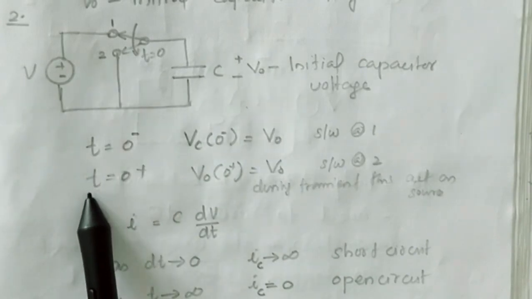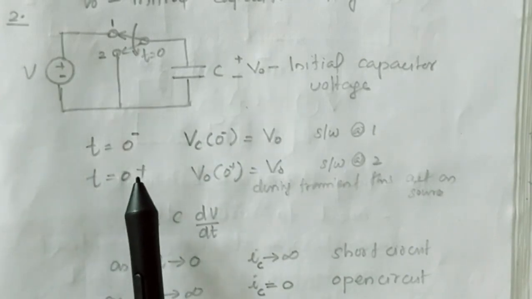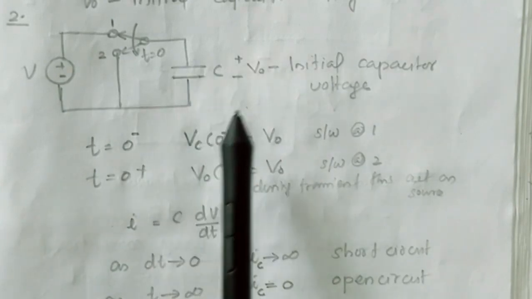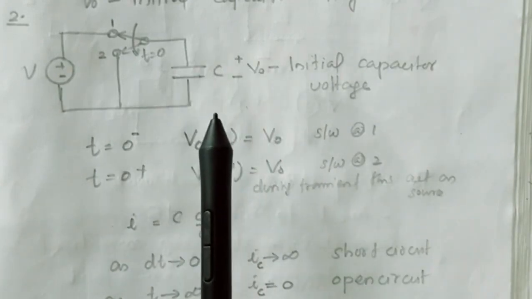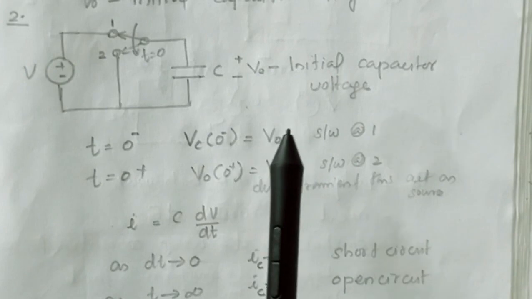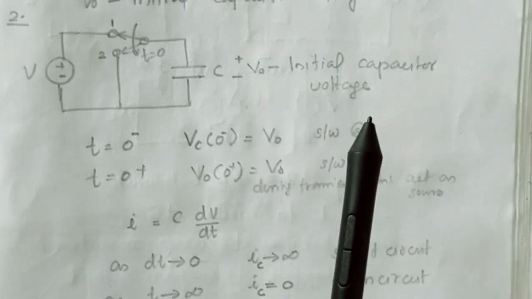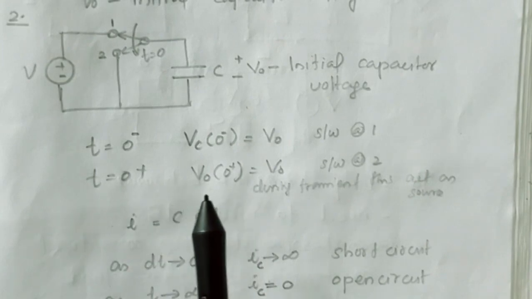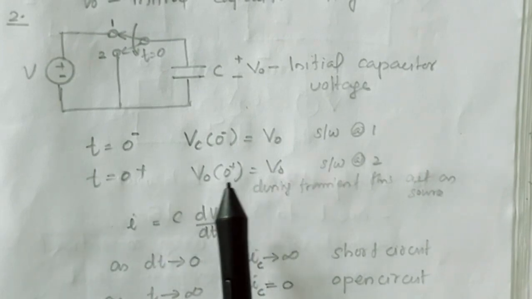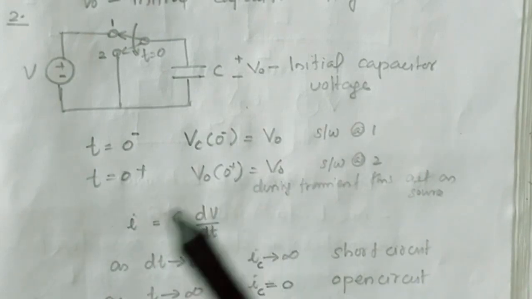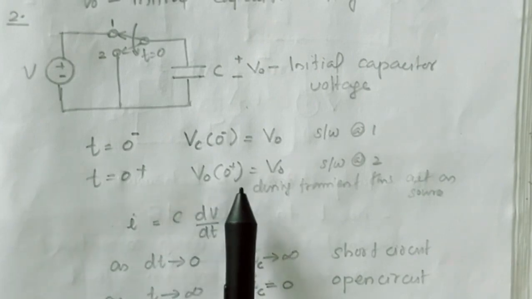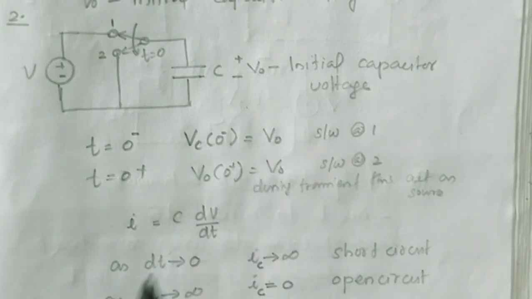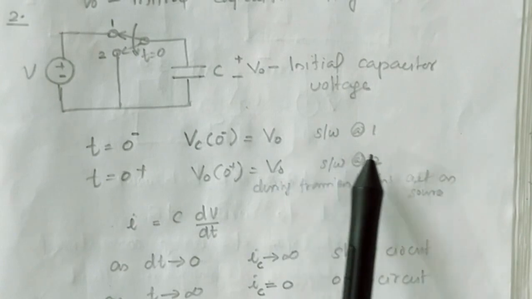So immediately after switching, that is t equal to 0 plus, the capacitor voltage doesn't change. The capacitor opposes an abrupt change in voltage across it, as we discussed earlier. So due to that property, Vc(0 plus), immediately after switching, is retained as V0.